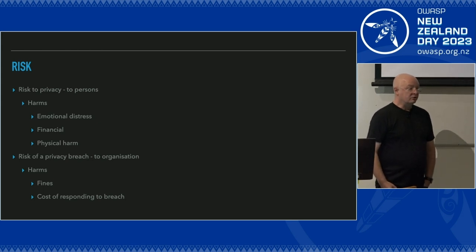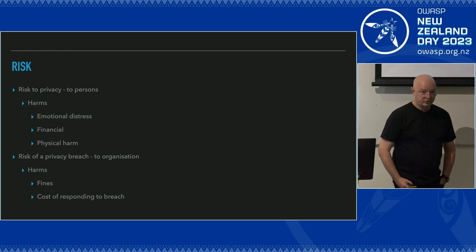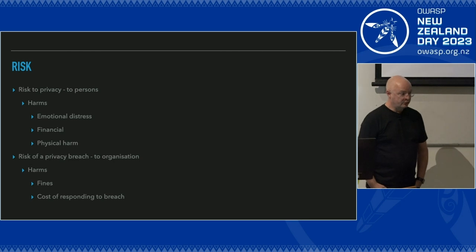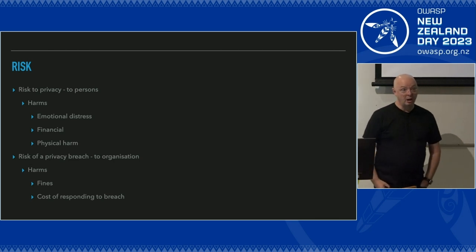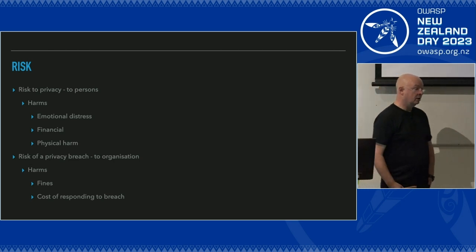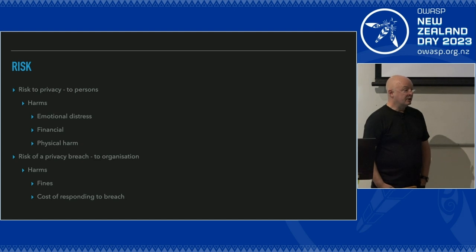They include obviously emotional distress, financial issues, and physical harm. Unfortunately, there's some nasty people out there, people who will stalk other people. So actual physical harm can occur.